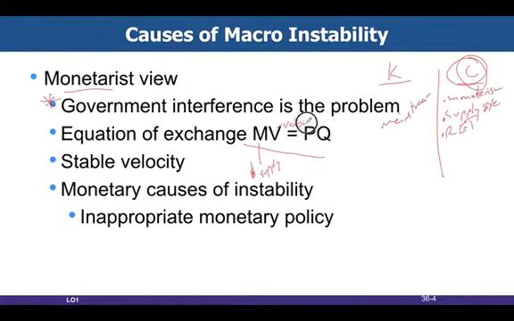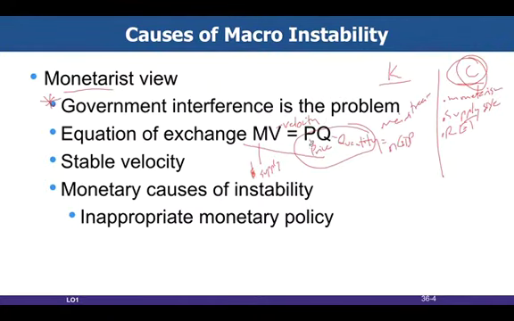V is velocity, P is price, and Q is quantity. That shouldn't be a big surprise to anybody. Now, P times Q equals nominal GDP, right? So everything that we make times whatever we pay for it, that's nominal GDP.